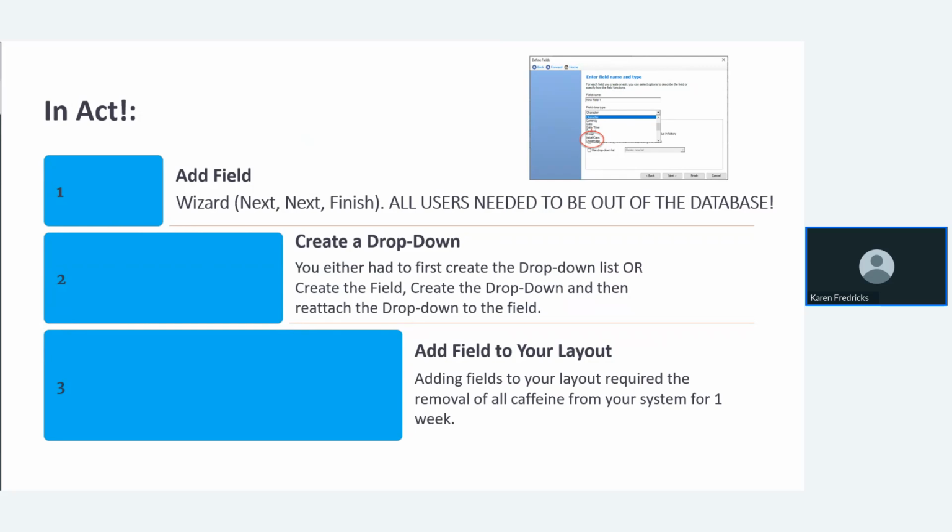Or you created the field and then you had to go back and create a drop down, and then you had to go back and connect the two. So it was kind of kludgy. And then once you did that, you would be able to add the field to your layout. A lot of people didn't know that. They created a field and thought, wait, what happened to my field? It was kind of a long, arduous process, particularly for people with a lot of users that had to kick everybody out of their database.